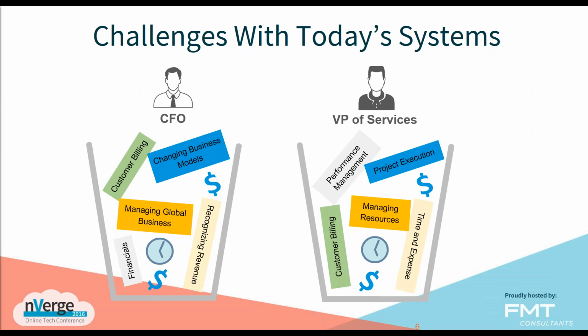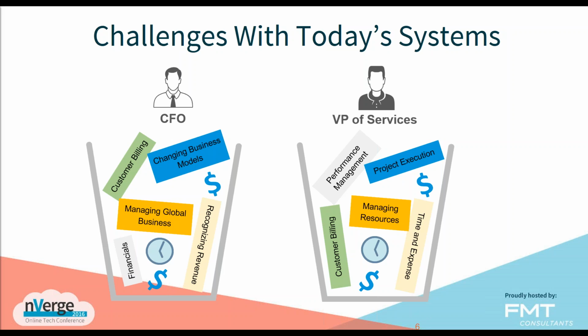So how does that break down? It breaks down from a financial perspective as well as a services or operations perspective. The financial side of the house is struggling with customer billing and changing business models like we talked about, managing businesses that are not only domestic in their location but global, and making sure the consolidation works well.